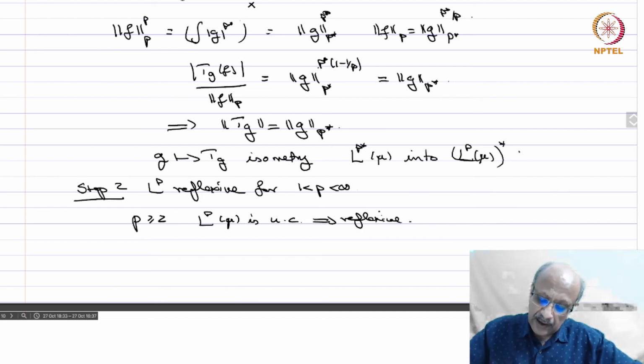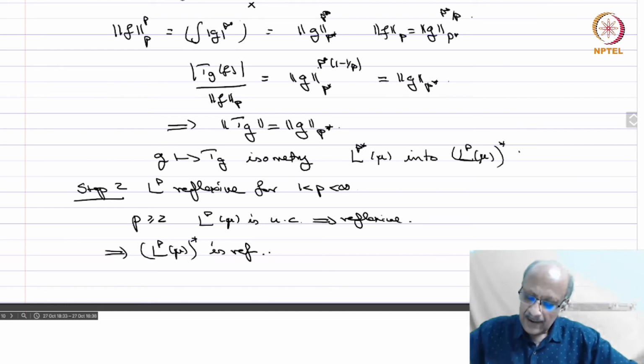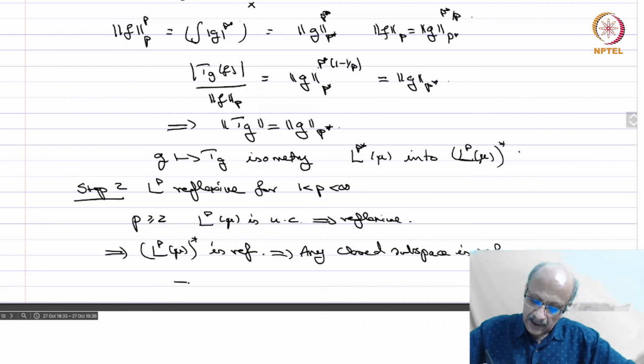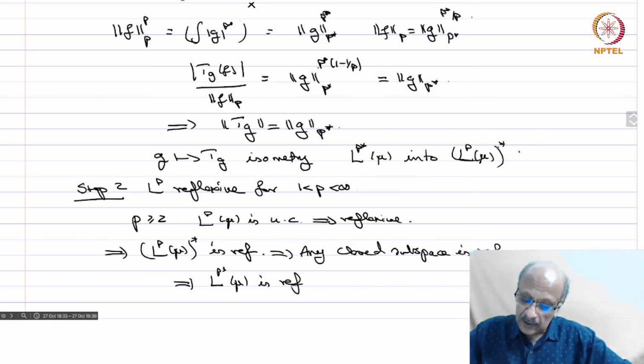So Lp(mu) is reflexive, which implies Lp(mu) star is reflexive, which implies any closed subspace is reflexive, which implies Lp star(mu) is reflexive, since it is isometrically isomorphic to a closed subspace of Lp(mu) star. Okay, so this is closed.